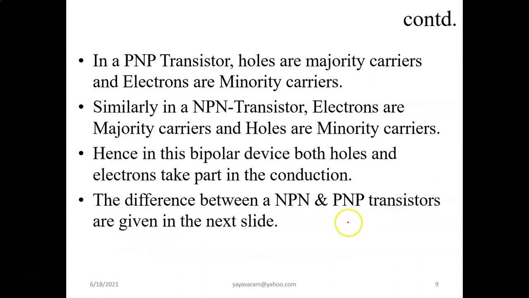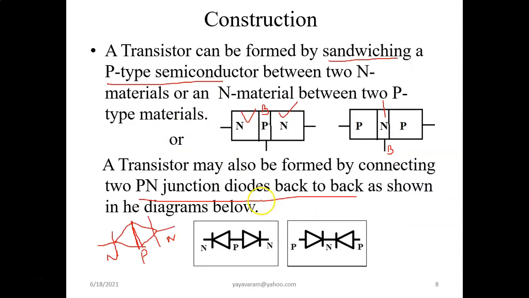And what about this PNP and NPN? In a PNP transistor, holes are majority carriers. As you know, in NPN, two N's are there, electrons are more. That's why electrons are majority carriers, and holes are minority carriers. In PNP, holes are majority carriers and electrons are minority. But remember, within the transistor, in NPN, electrons will take part in the conduction as well as holes.